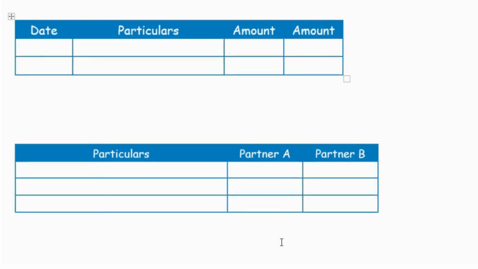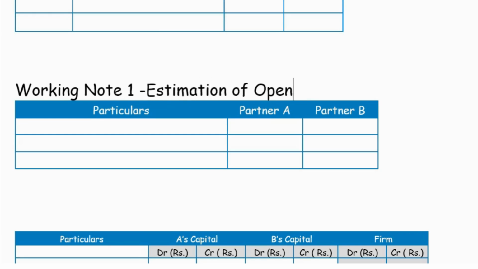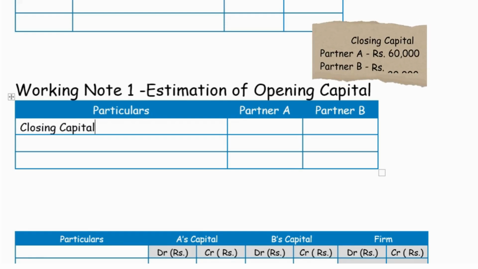To start the workings, firstly, we have to prepare a statement, working note 1, that is estimation of opening capital. In our previous video, we discussed a lot about how to estimate the opening capital. This statement starts with noting down the closing capital. The closing capital of partner A is given as 60,000 and for B it is 20,000.